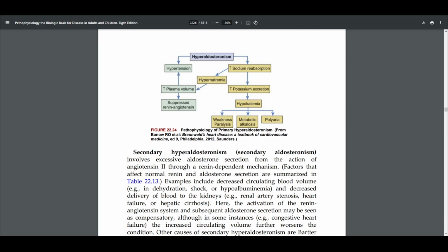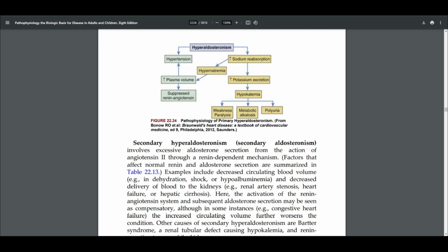Secondary hyperaldosteronism involves excess aldosterone secretion from the action of angiotensin II through the renin-dependent mechanism. Examples include decreased circulating blood volume and decreased delivery of blood to the kidneys.